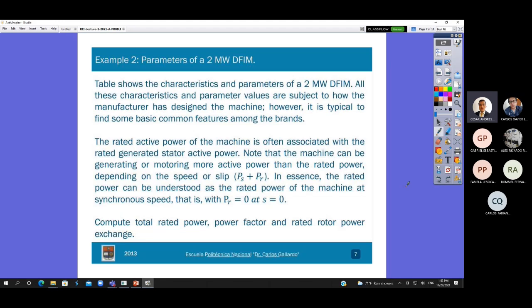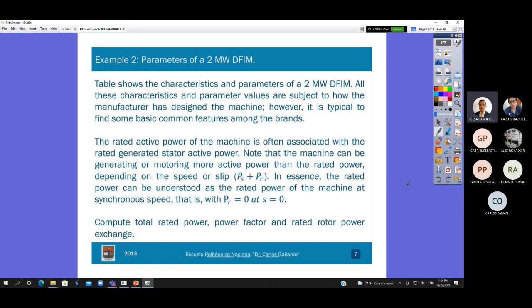However, it is typical to find some basic common features among the brands. The rated active power of the machine is often associated with the rated generator stator active power. Note that the machine can be generating or motoring more active power than the rated power, depending on the speed or slip.